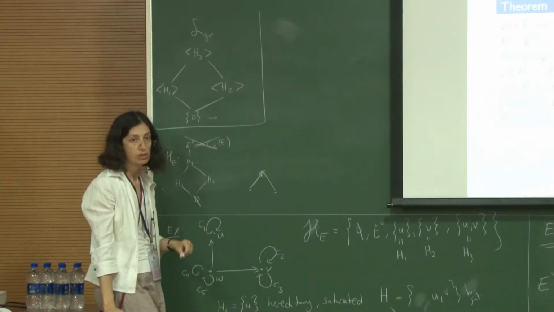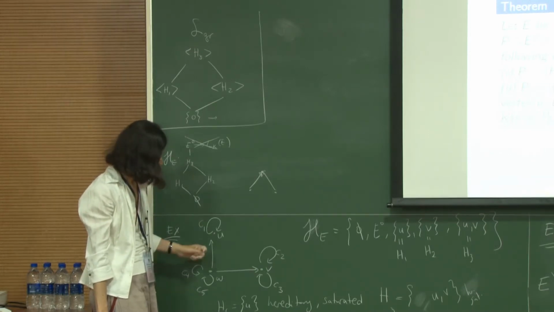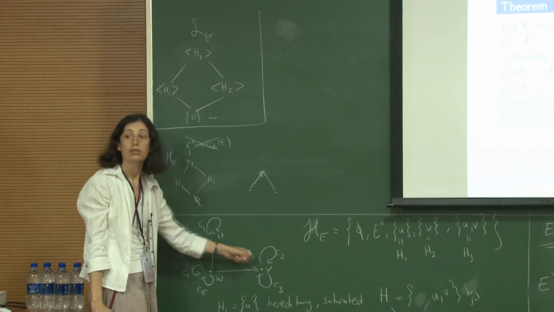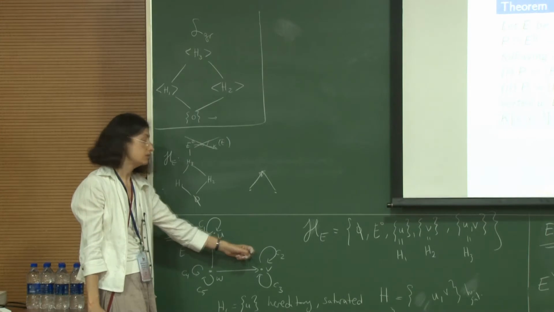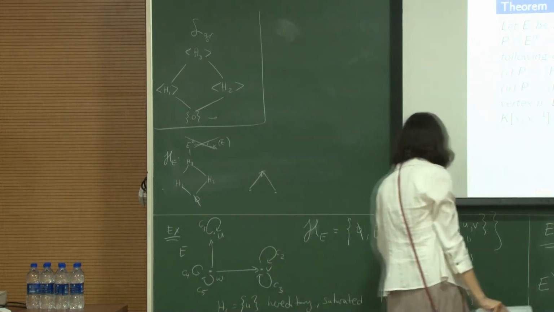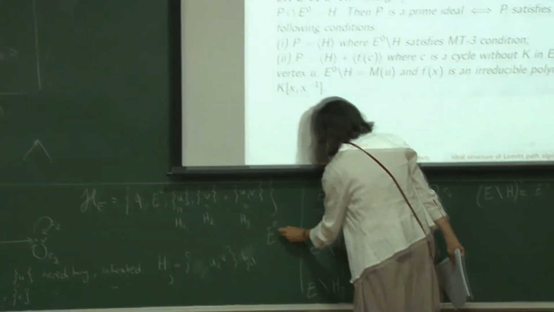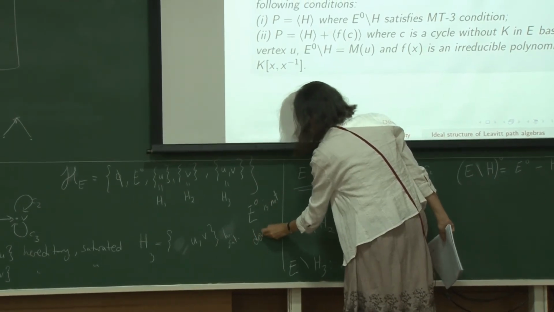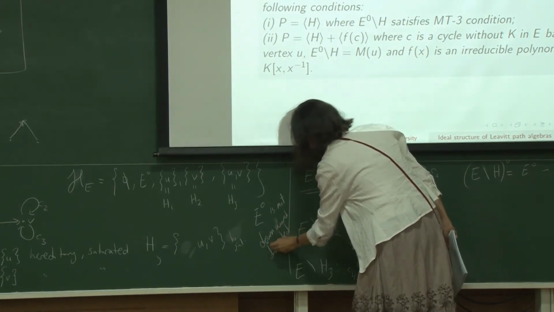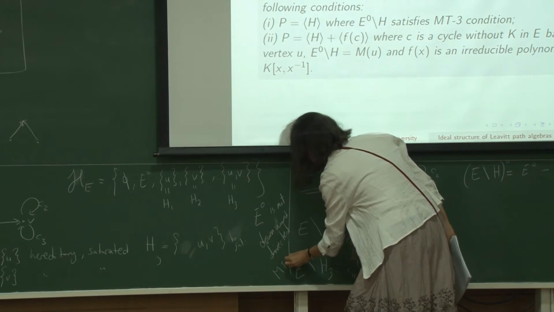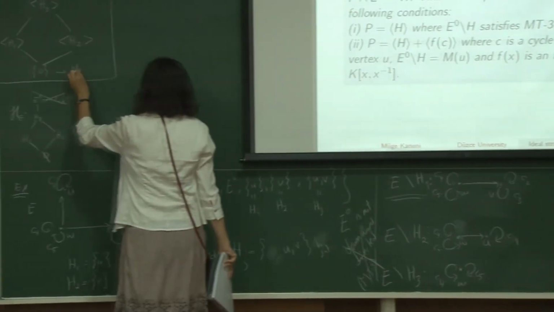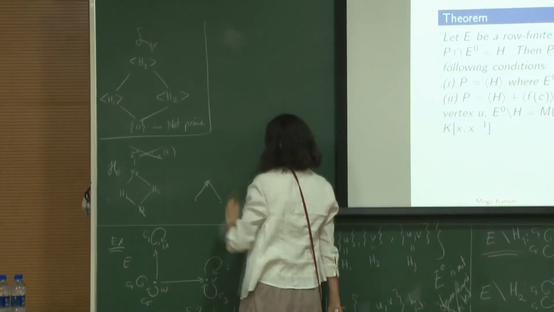Well, one of them could be the answer as well. W connects to U, W connects to V. However, for U and V, you cannot go from V to W. They're not connected. There's no path that they join in. So E0 is not downward directed. So this is not a prime ideal. It's not a prime ring.